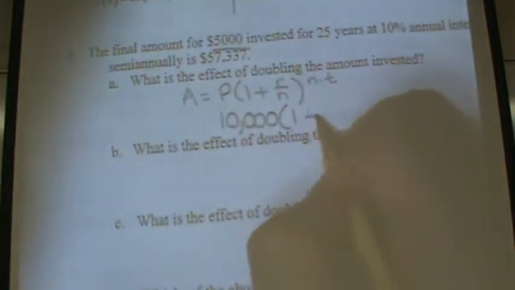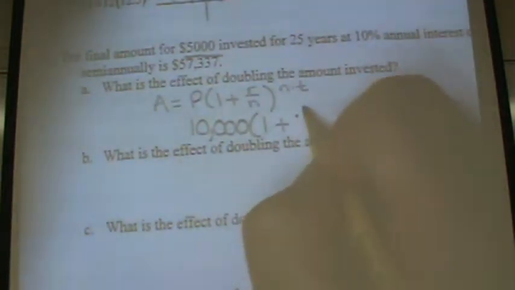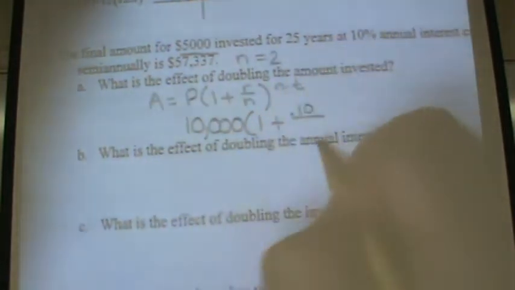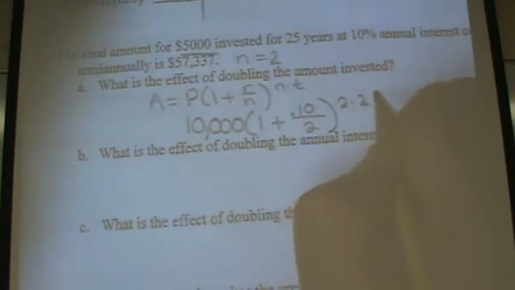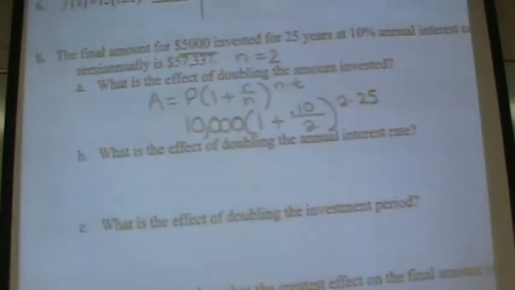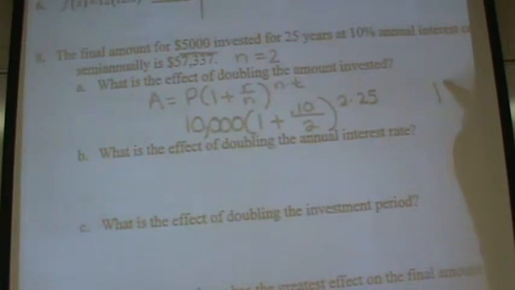So this would be 1 plus the interest rate, 10%, 0.10. Semi-annually, n is 2. And I'm going to do this for 25 years. Tell me how much you get. $114,674.